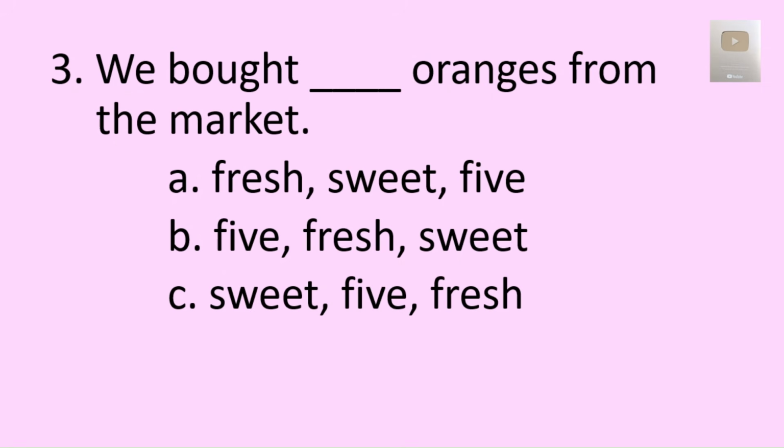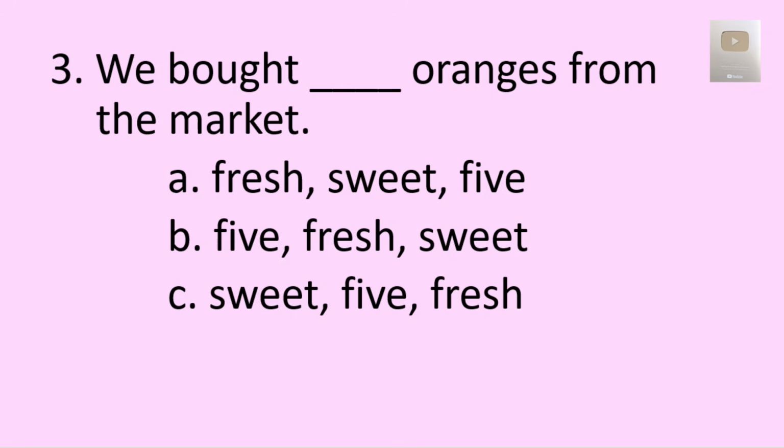Sentence number 3 also is similar. You have to look at the order of arranging the three adjectives for the noun oranges. We bought, you need three adjectives, oranges from the market. The three adjectives are arranged in three different orders. Fresh, sweet, 5.